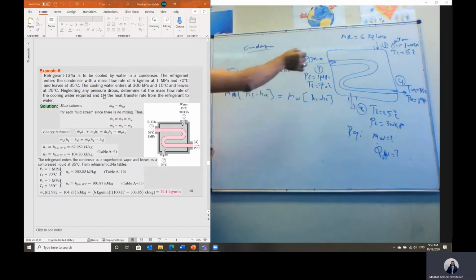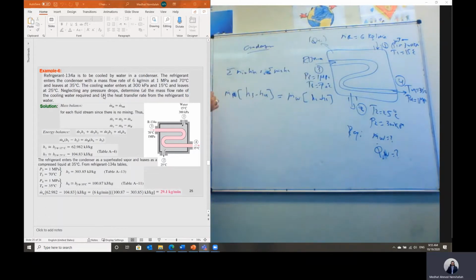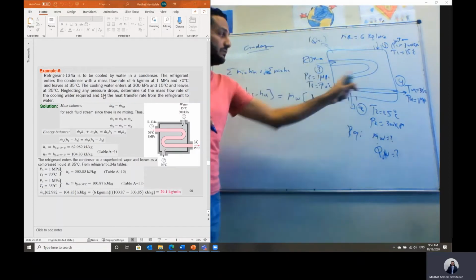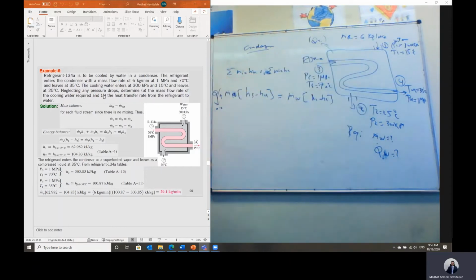In this case, we don't have external heat transfer, so Q is equal to 0, and I don't need to add Q here. So this term is 0. So we have m dot refrigerant multiplied by h3 minus h4 equal to m dot of the cooling water multiplied by h2 minus h1.